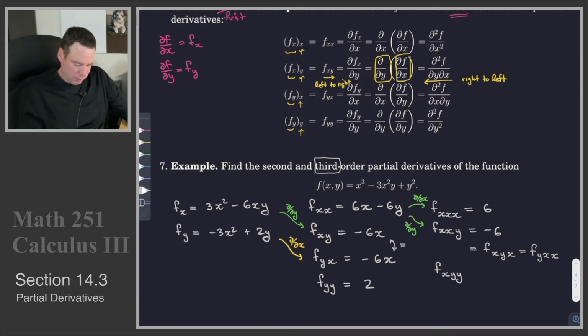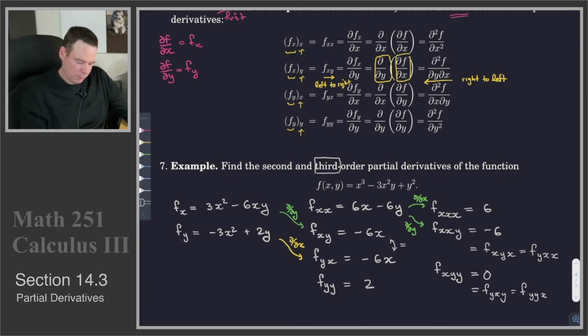Now let's look at 1 x derivative and 2 y's. So this is f_xyy. So we'll start with the f_xy, and then we'll differentiate with respect to y. That's 0. Is that the same as f_yxy and f_yyx?